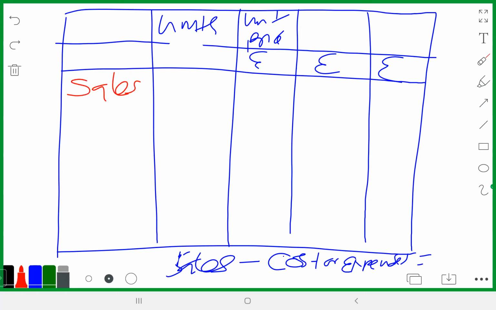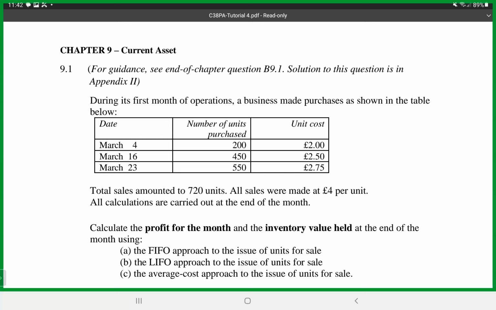Sales: how many units have been sold according to the question? Let's get back to the question. It says that the total sales amounted to 720 units, and all of them were valued at 4 pounds.